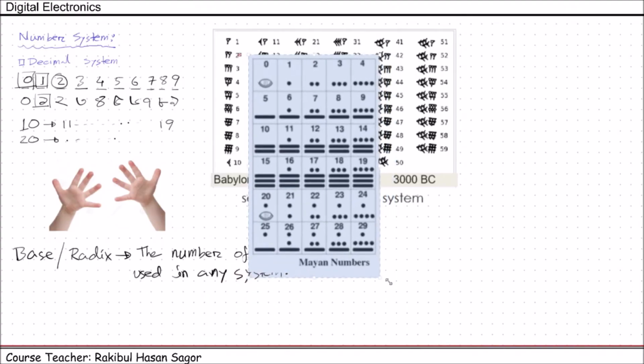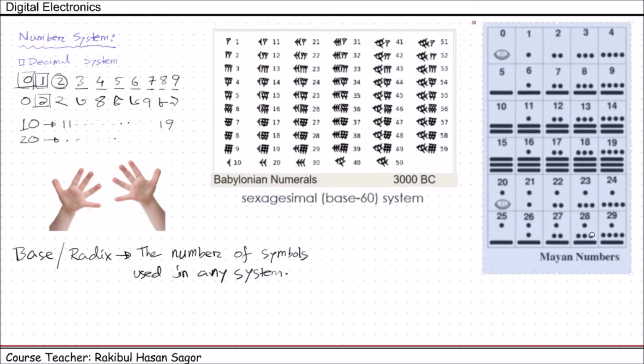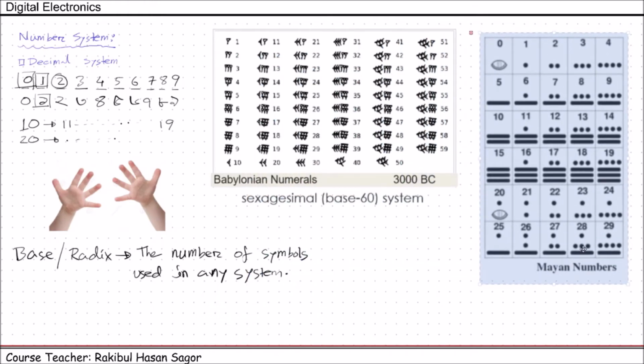Another numeral system was used by the Maya civilization. They used from 0 to 29, that means 30 symbols to represent their numbers. So for the Maya civilization, the base was 30.